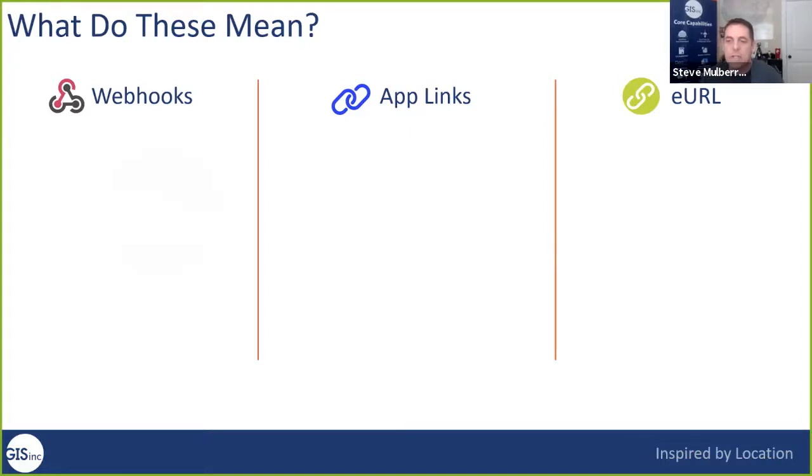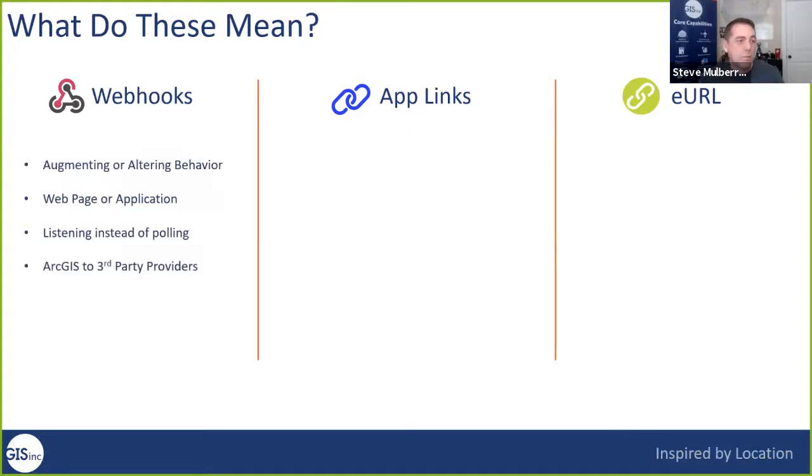The first one we'll look at is webhooks. Webhooks gives us the ability to either augment or alter the behavior between web pages or web pages and applications, or applications and applications. It's a high-level way of allowing two applications to talk to each other or pass information back and forth.